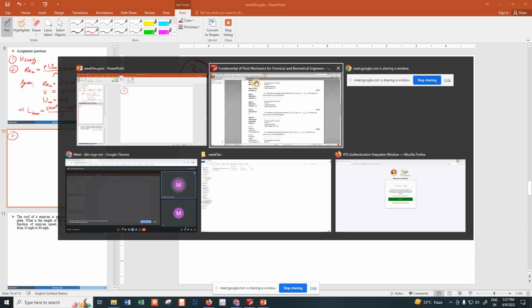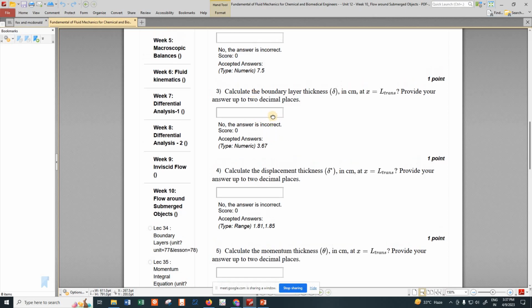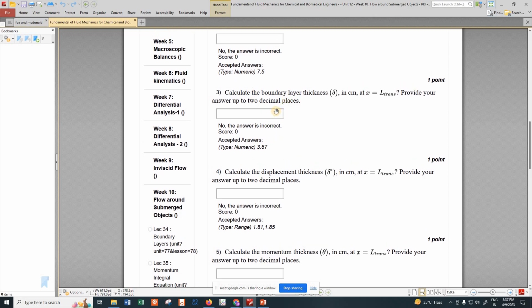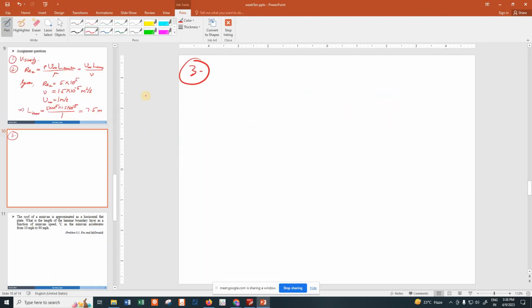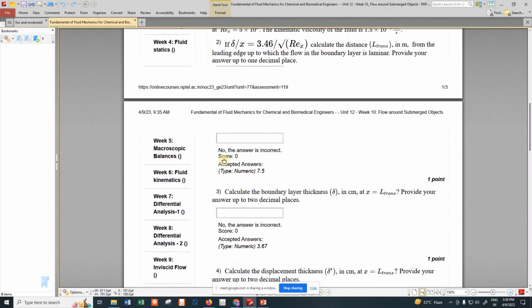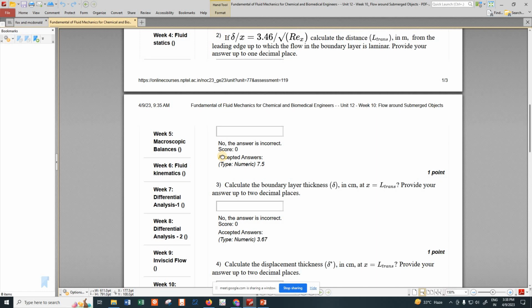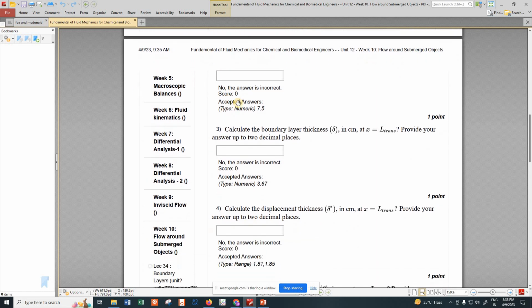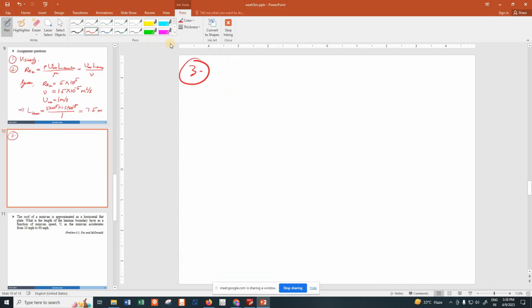On question number 3, calculate the boundary layer thickness in centimeters at x equal to the transition length. Provide your answer with 2 decimal places. Now, as they have also provided delta by x is equal to 3.46 by square root of the Reynolds number, we just need to use that.